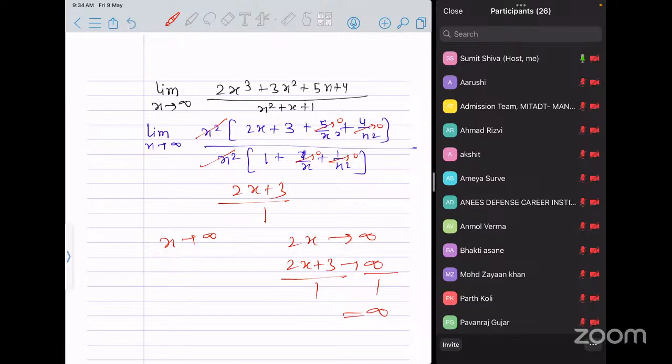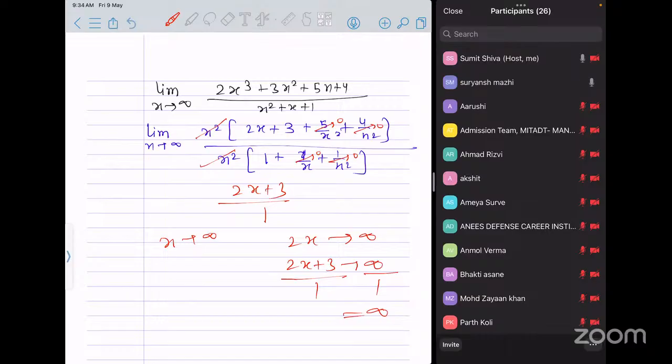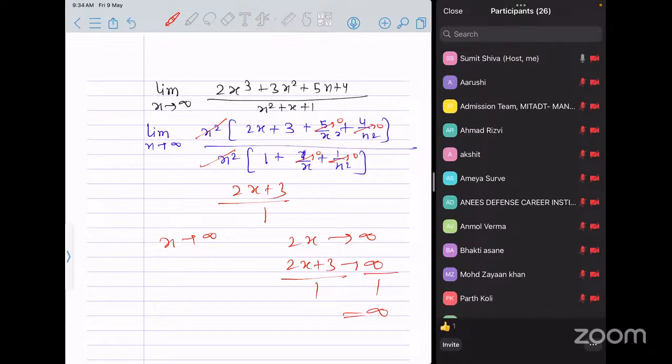Are you getting it or any doubt? Sir, without solving, can we directly solve it? Yes, you can directly tell it, if it is in polynomial form.